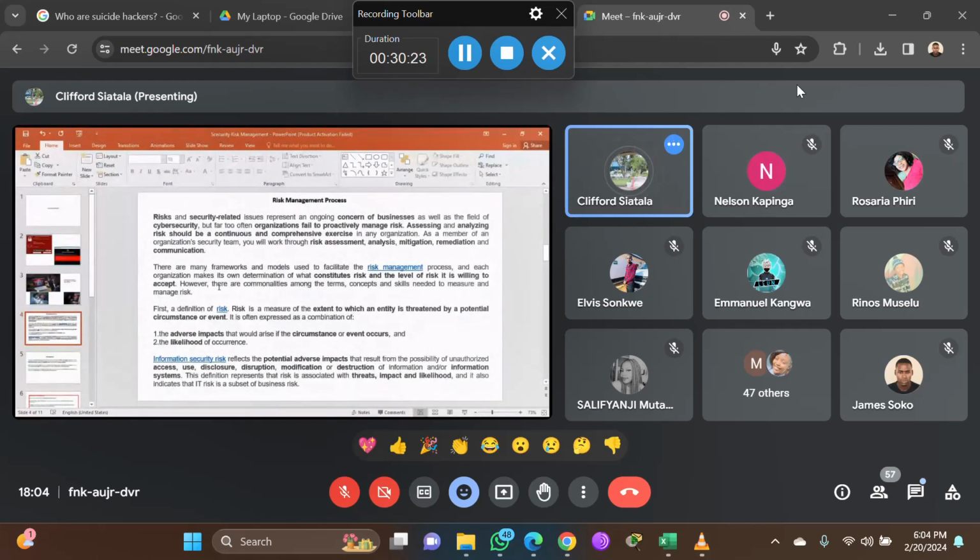However, there are commonalities among the terms, concepts, and skills needed to measure and manage risk. So it is risk management.